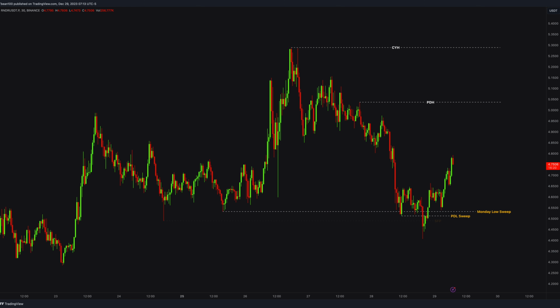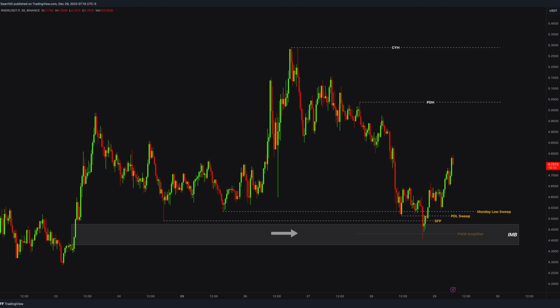Not ending here, and notice the considerable swing failure pattern here. Finally, the imbalance below them. As you can see, this was an extreme amount of fuel in my mind to push the price into a direction. Plus, we had this PWM area, last week's EQ point.